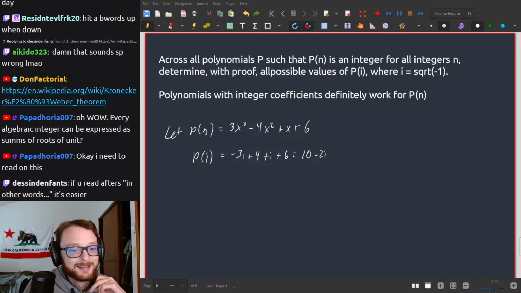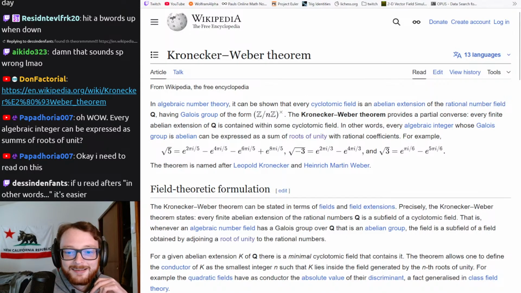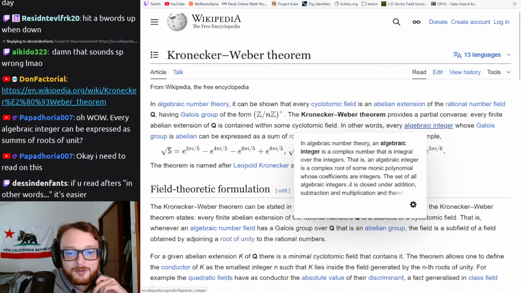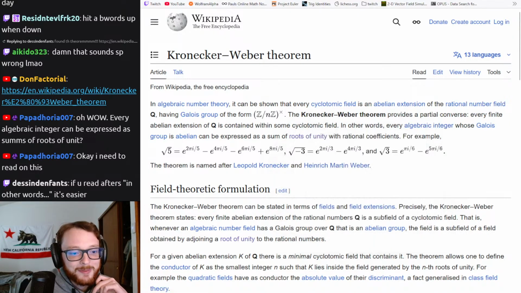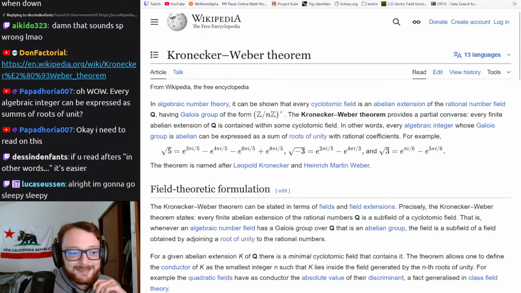In other words, every algebraic integer. What the hell? Okay, it's the root of a polynomial, confusingly. That's why they use root 5 as an example. That is weird.